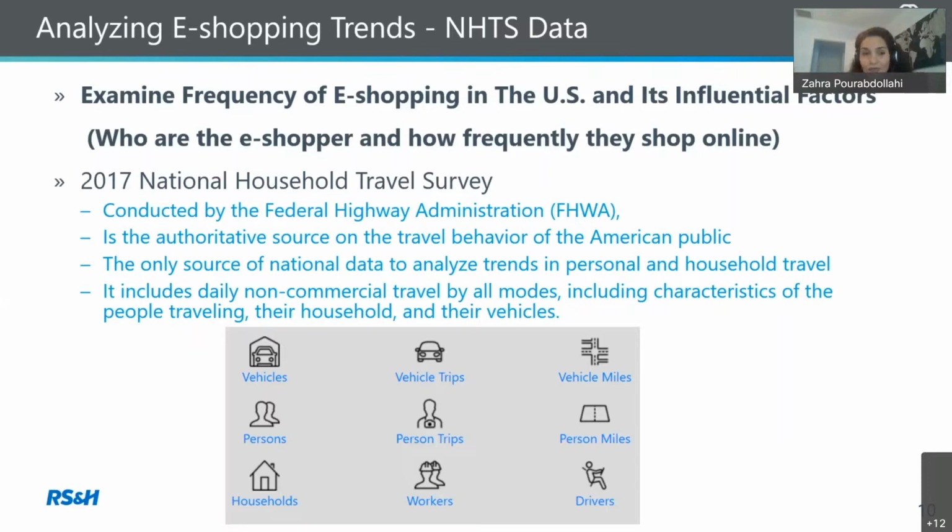It includes non-commercial travel by all modes, including characteristics of the people, the household characteristics, even the data on the vehicles owned by the respondents, and it can be used to provide a variety of statistics on different measures.